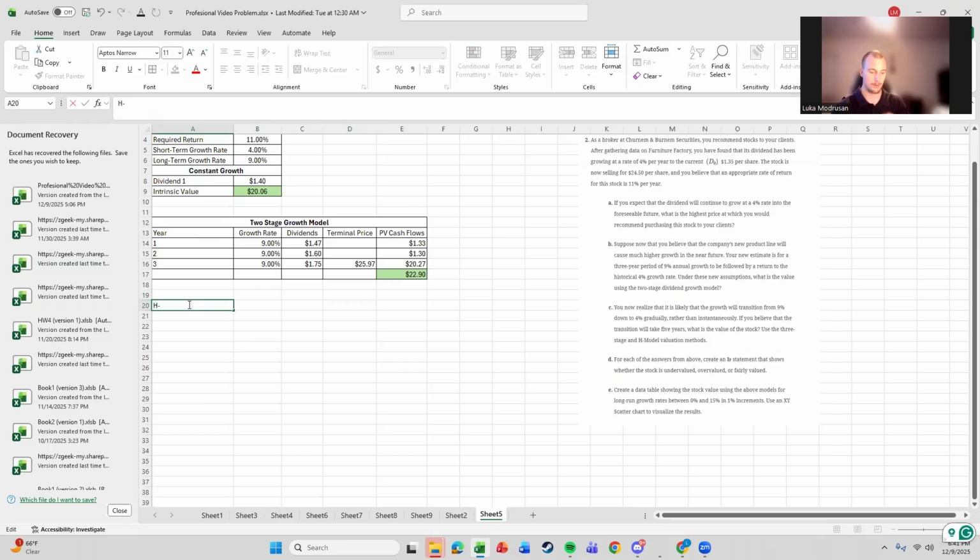So for the H model, transition period, half-life, intrinsic value, and then growth premium.